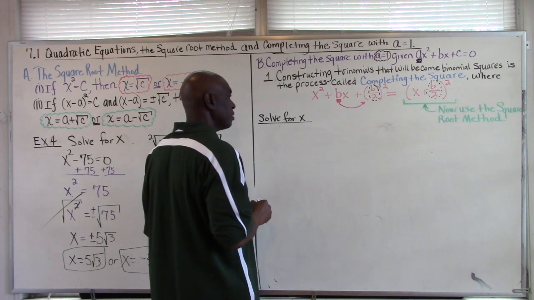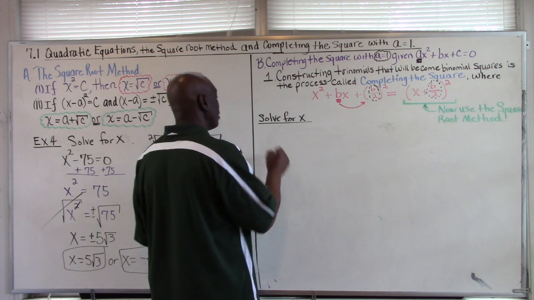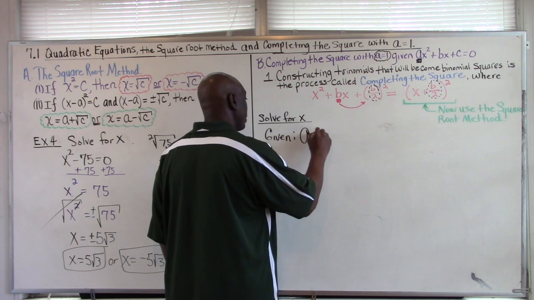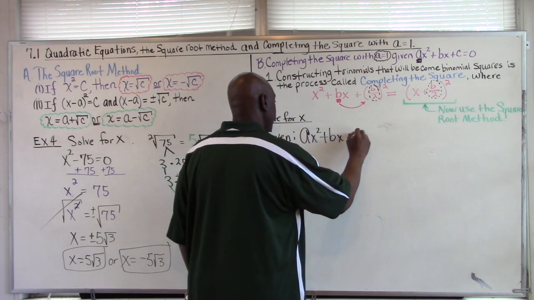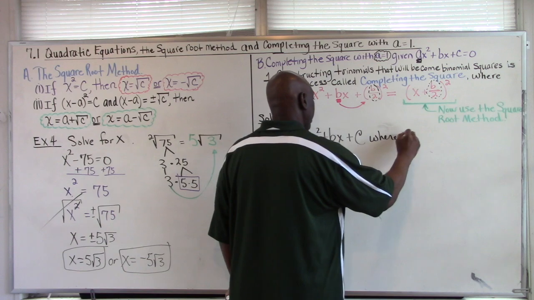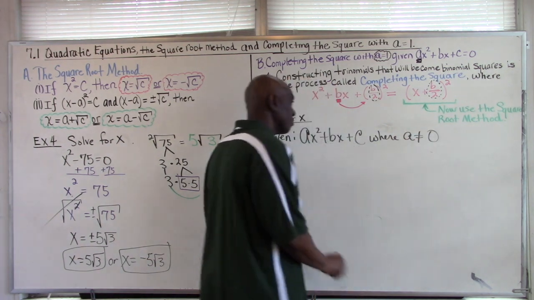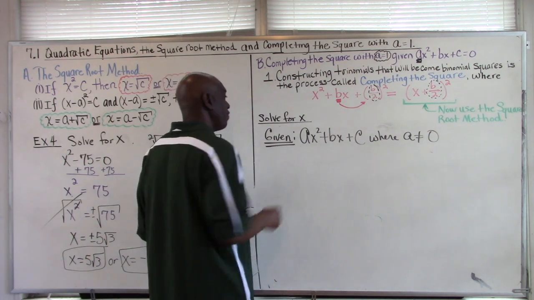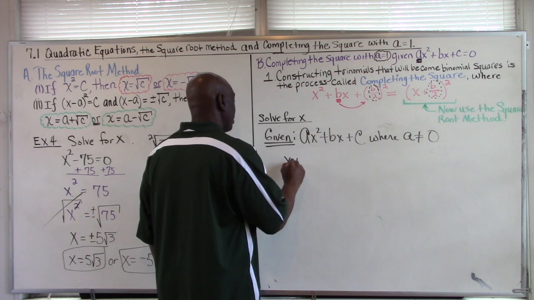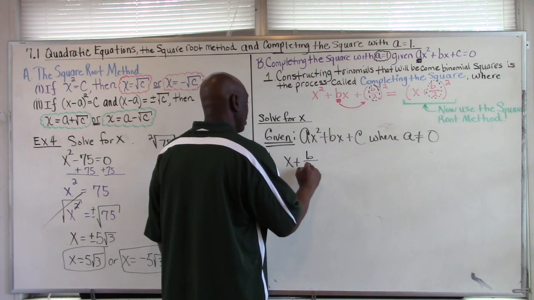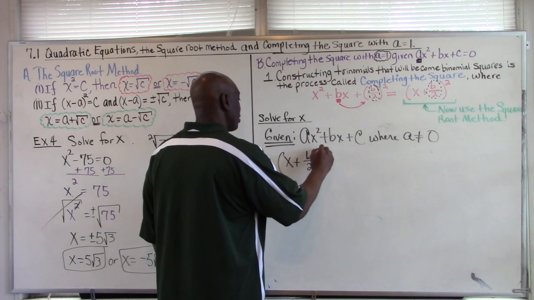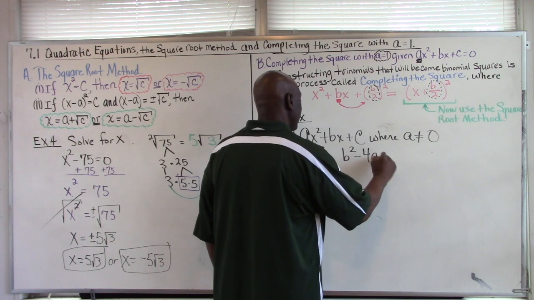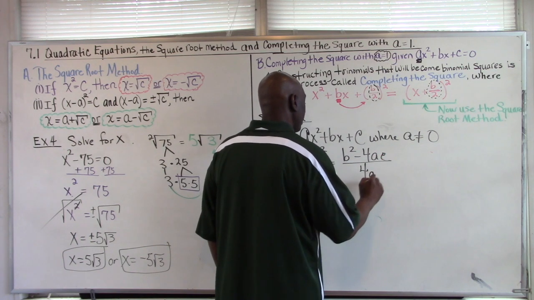Given ax squared plus bx plus c, where a does not equal 0, if you're given that, then x plus b over 2a, squared, is going to equal b squared minus 4ac all over 4a squared.